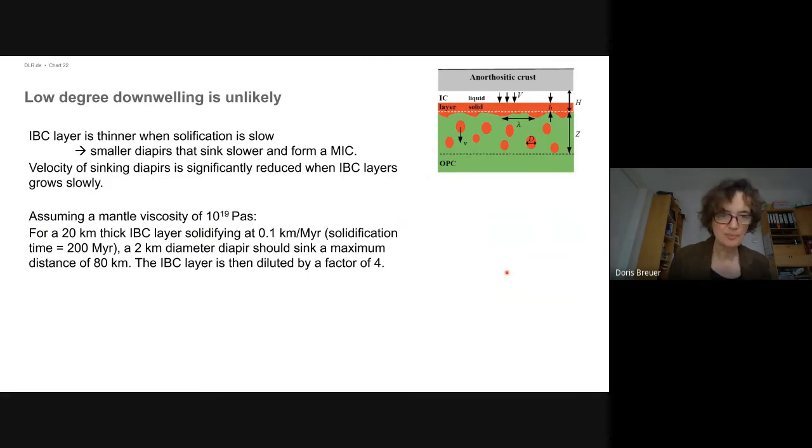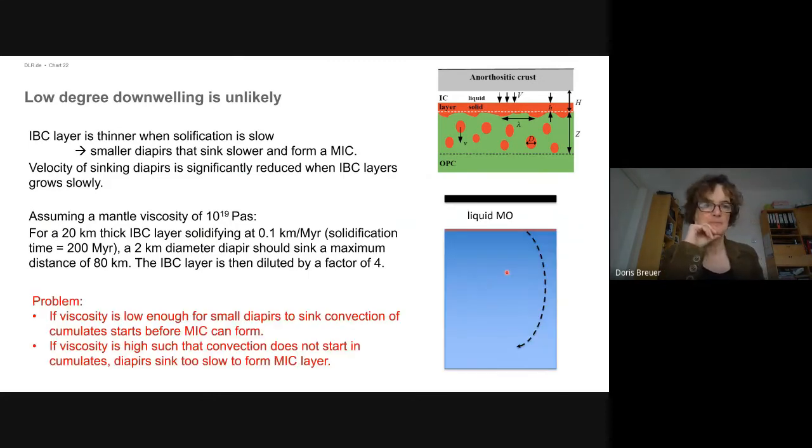But now comes the problem. If the viscosity is low enough for those small diapirs to sink, convection of the whole thing would start already earlier, so you bring these diapirs directly down into the convecting mantle. The other situation is if the viscosity is high, so that you don't have convection in the cumulate mantle.